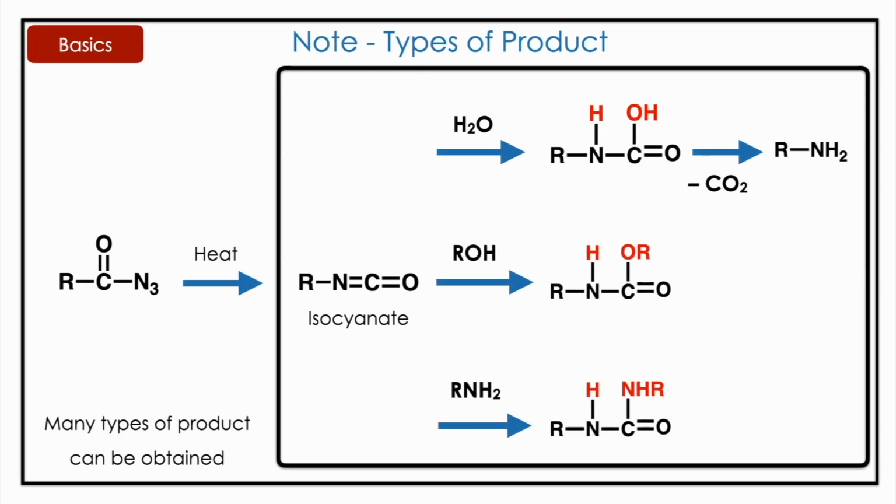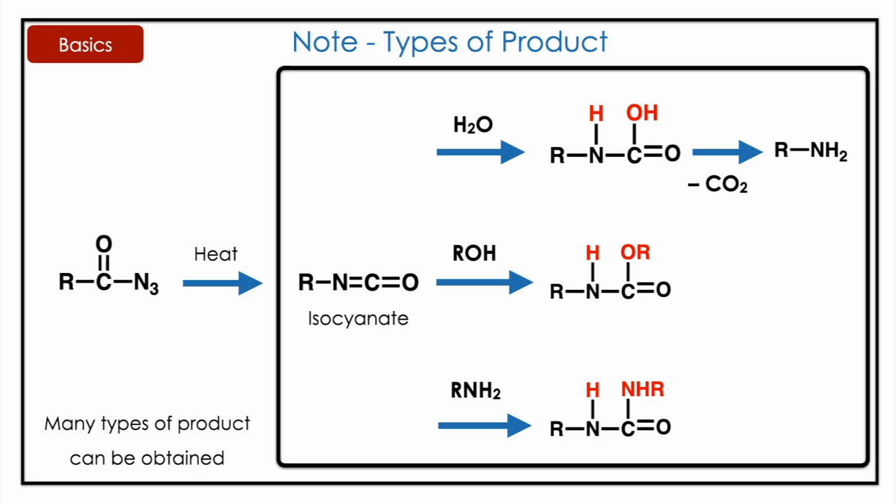In the same way, many types of products are possible. Once the acyl azide is converted into isocyanate by nitrogen elimination, it can be converted into many products. If you add H2O, as we showed in the mechanism, you end up with amine. H2O adds to the CN bond as HOH. Since the carbon has many heteroatoms, it is unstable, so it leaves as CO2 and you end up with amine.